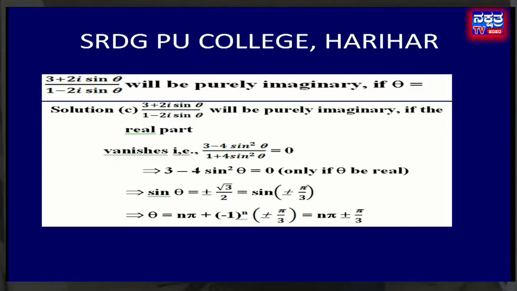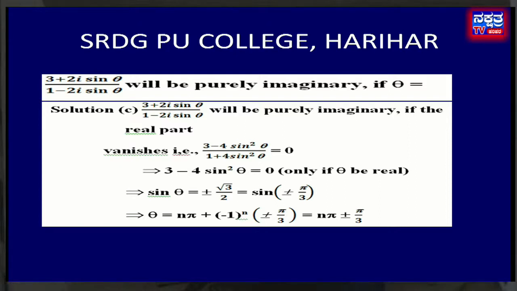That real part is 3 minus 4 sin square theta equal to 0. Then we are getting sin theta equal to plus or minus root 3 by 2, which is sin of plus or minus pi by 3. Then the solution is theta equal to n pi plus (minus 1) whole power n, plus or minus pi by 3. That is n pi plus or minus pi by 3.